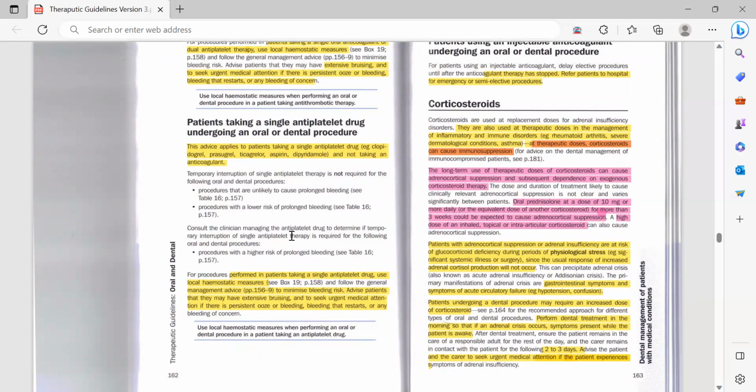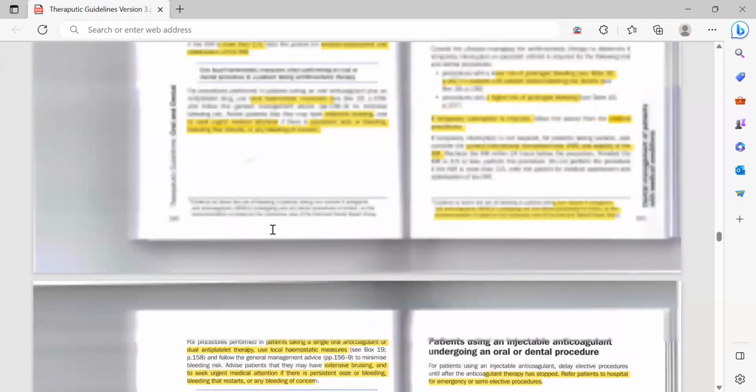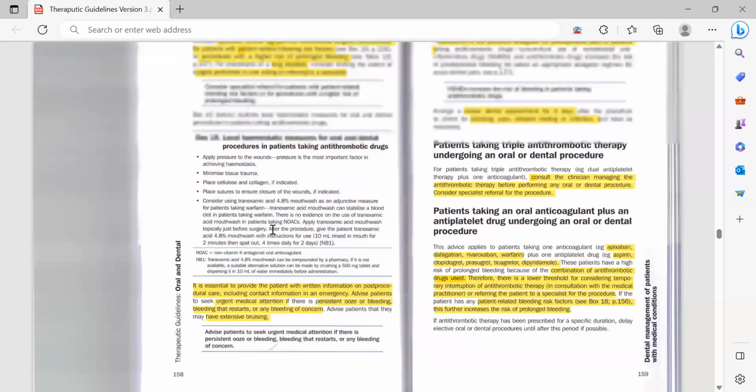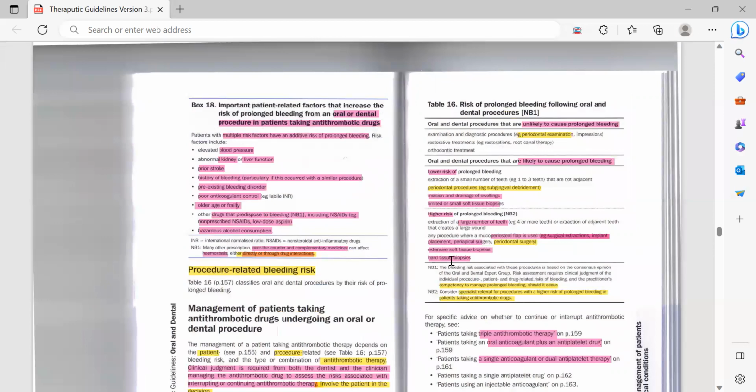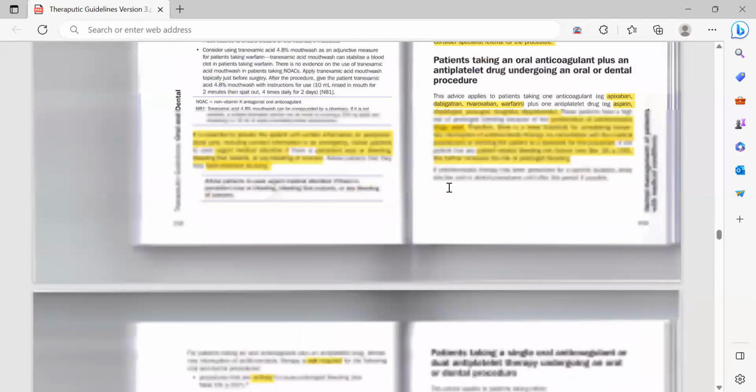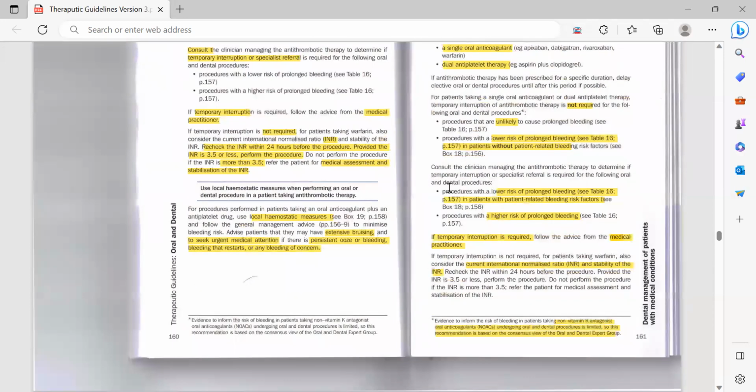But for the higher risk, you need to consult. For the higher risk, as I mentioned earlier, these are procedures you won't be doing as a general dentist. You would only consider these procedures as the main aim. So you can perform these procedures in patients who are taking antiplatelet drugs.